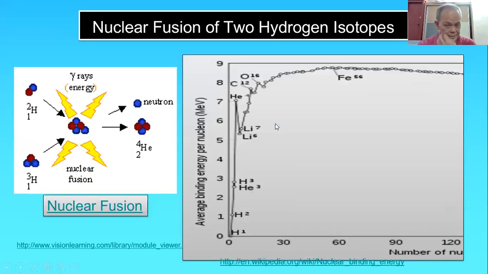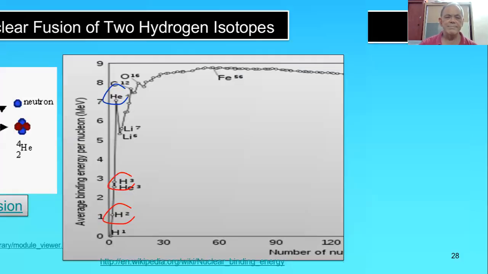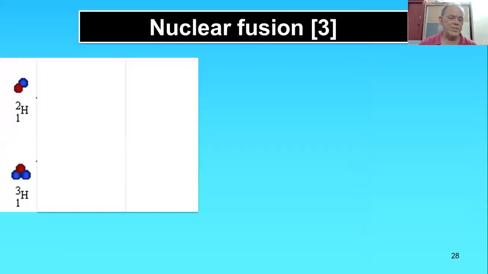Now we can see the diagram there. Deuterium is there, binding energy per nucleon, and tritium is there. And you can see quite a fair bit of energy is released. We'll calculate that in a while. Right? We look at tritium and deuterium.